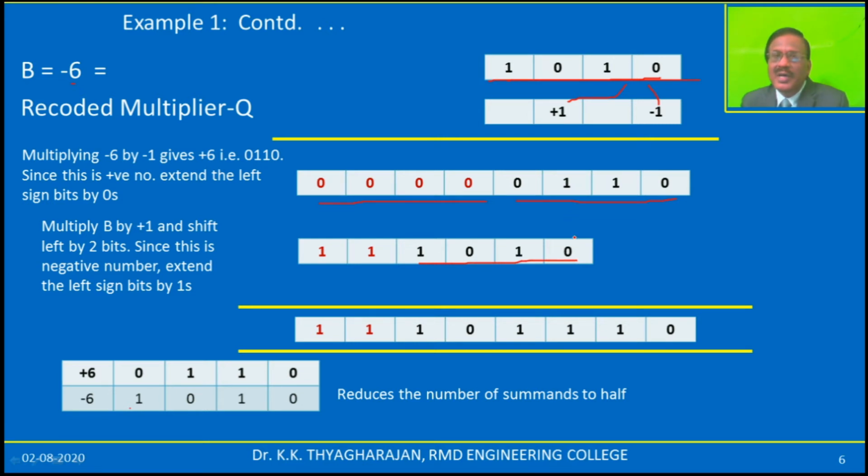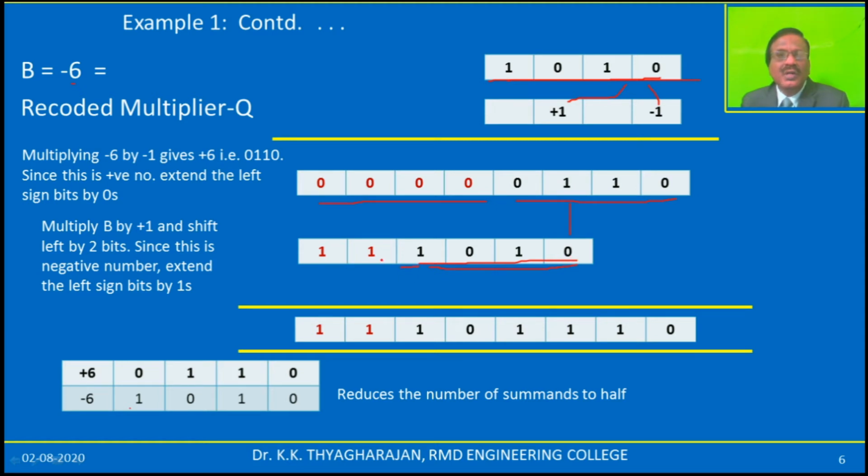But when you are putting that value, you should be careful. You should put it in the third place only, not in the second place as you do in ordinary binary multiplication. So, you put here 1 0 1 0, that is minus 6, and add 1 0.